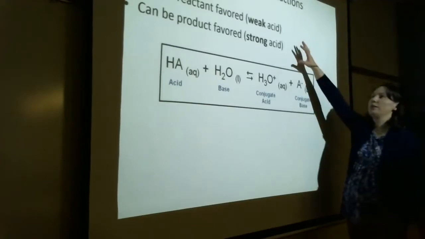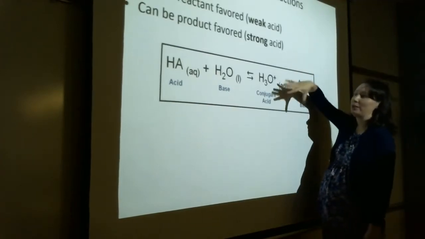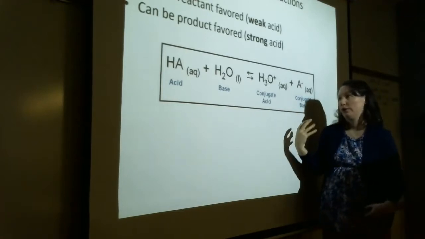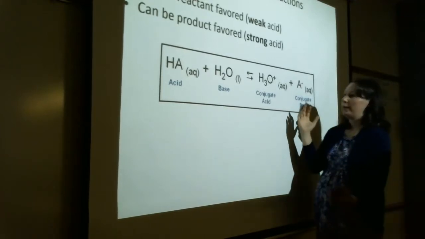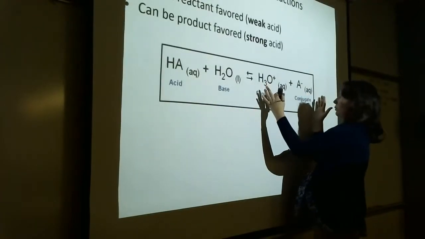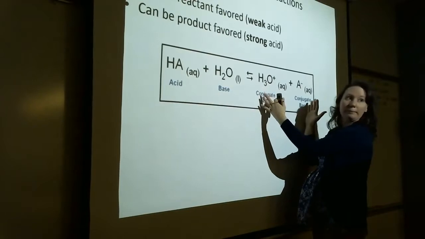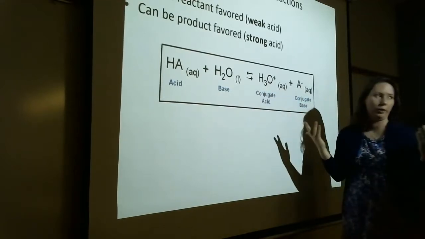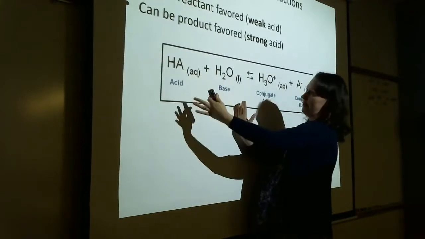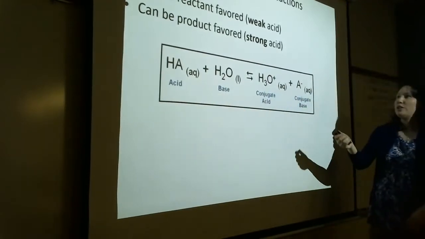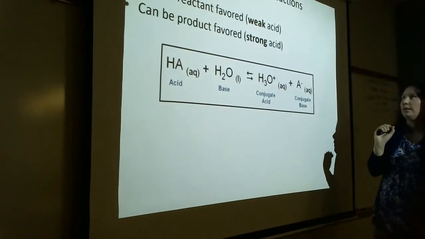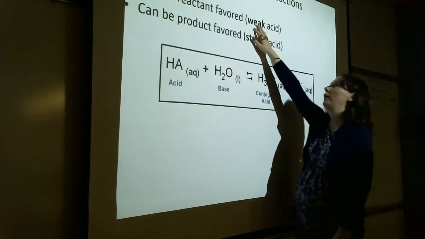Now this is something you need to know as well. Any equilibrium can be reactant favored or product favored. So we can have equilibrium lying on this side, or on this side, just like any equilibrium. If it's reactant favored, we call it a weak acid.